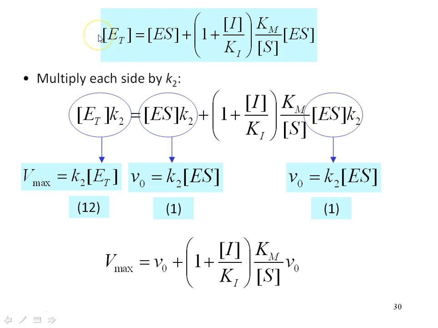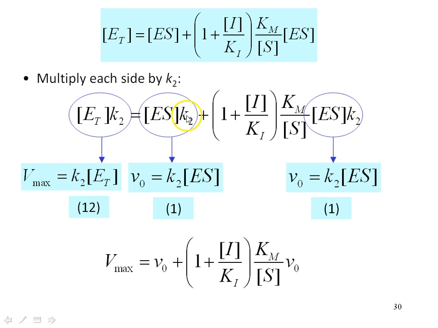If I multiply now every term by K2, K2 here, K2 there, K2 here, I obtain that equation. Notice the K2s, because I do know that the total enzyme concentration times K2 is nothing but the Vmax. So that converts into Vmax by equation 12.